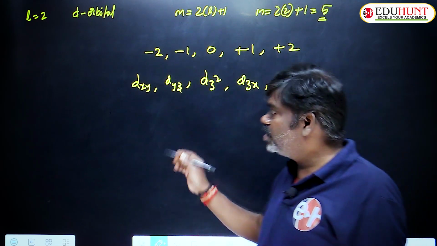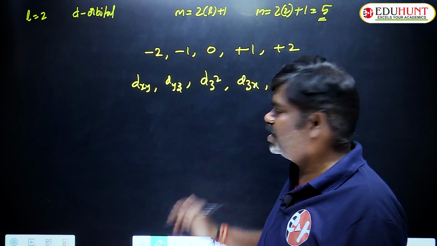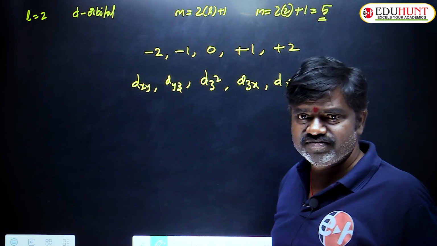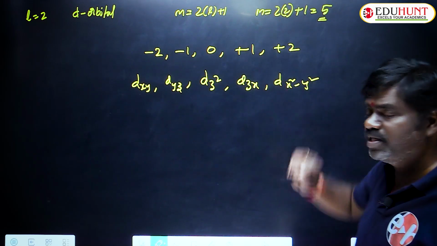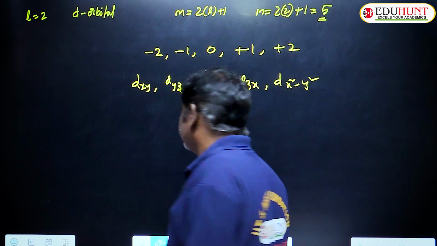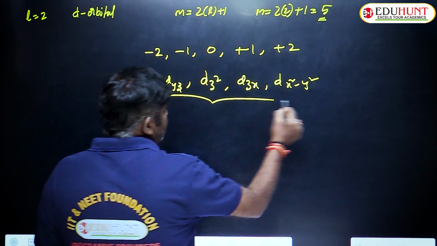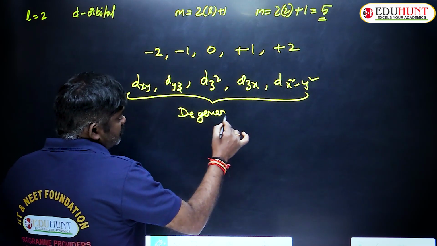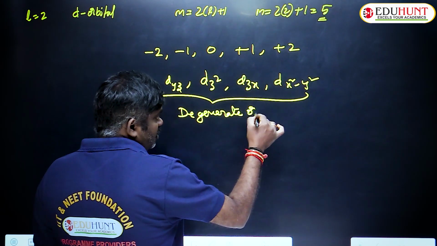All are known as equal energy orbitals, hence these are called degenerate orbitals. All energies of these orbitals are equal. The 5 suborbitals are called degenerate orbitals.